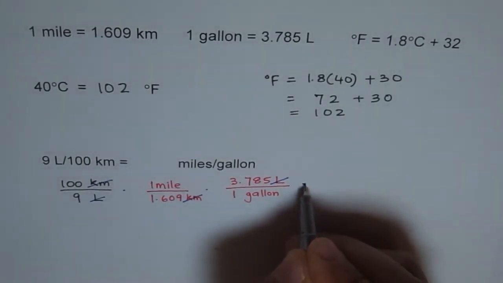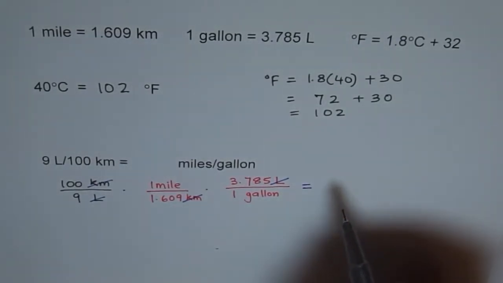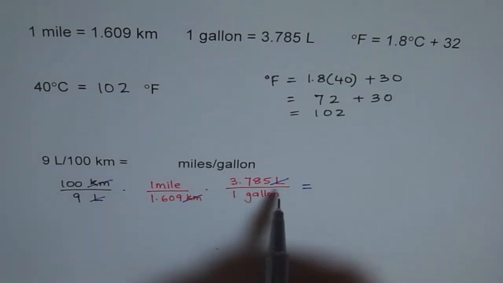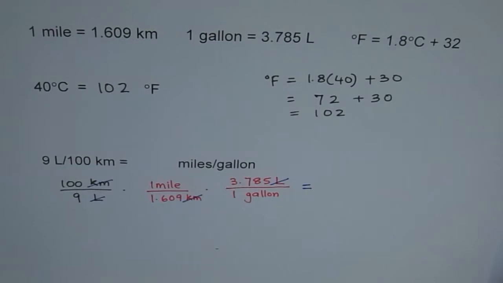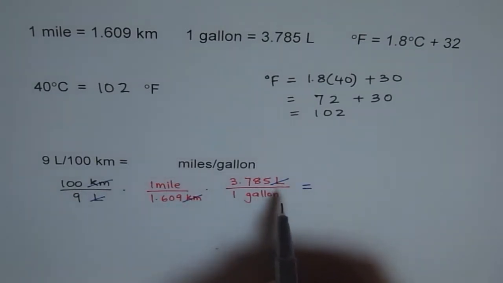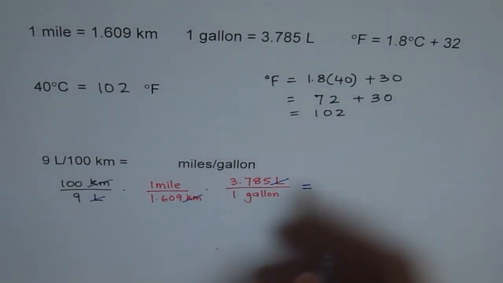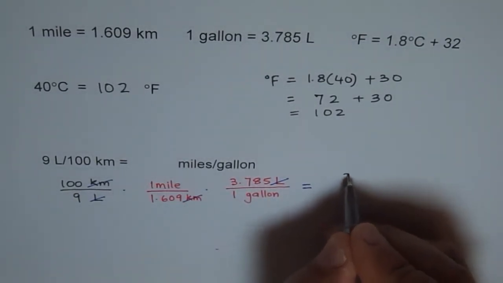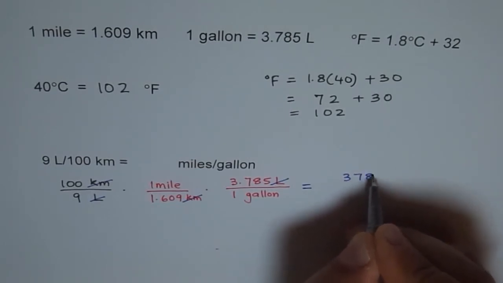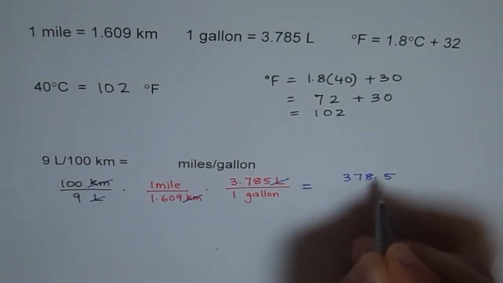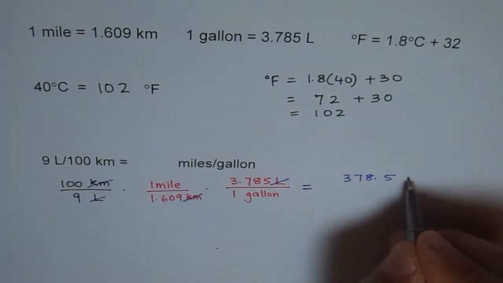And after this, you can always use your calculator, multiply with this and divide with this and get your answer. It's as simple as that. Perfect? So when you multiply by 100, it shifts two decimal places, so you get 378.5. And the units are miles on the top.